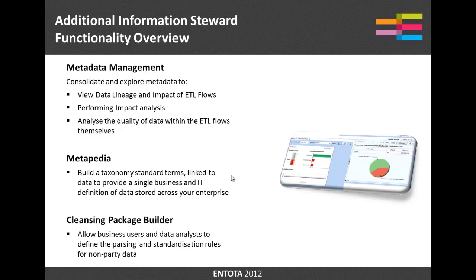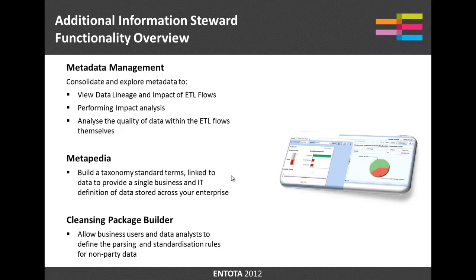We have Metapedia, where it allows us to define and enrich the data and create a taxonomy or a categorization of our terms, of our objects and our items within our IT landscape. So here I could create a taxonomy that had maybe the business process of sales and distribution, of which then customer becomes a sub-item or sub-term or category for that.